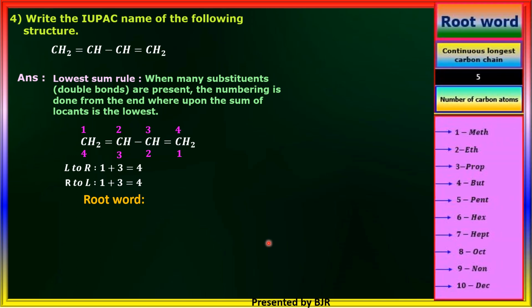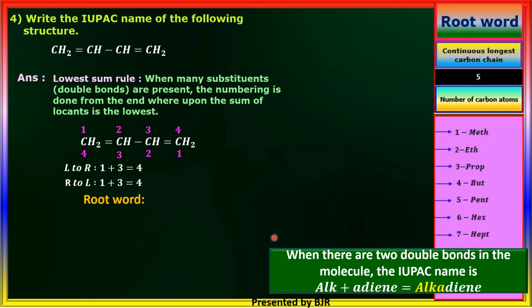So the root word: 4 carbon atoms are there, it is but. And the more important thing is that when there are two double bonds in the molecule, the IUPAC name is alk plus adiene, that is alkadiene.